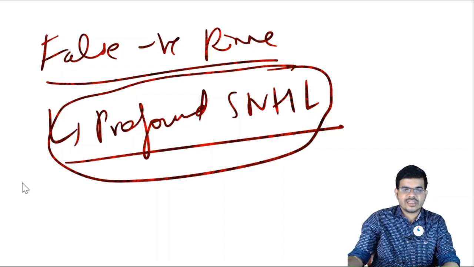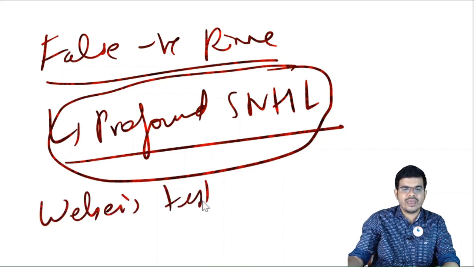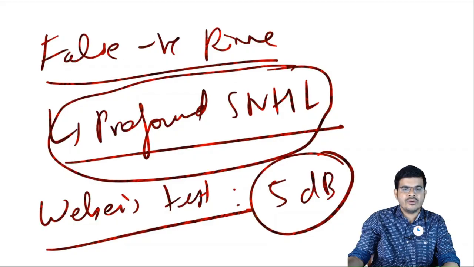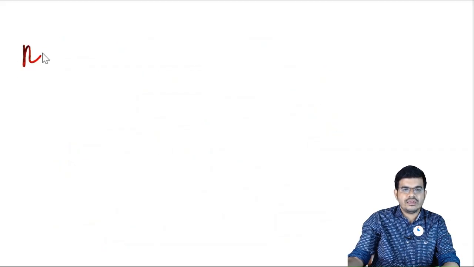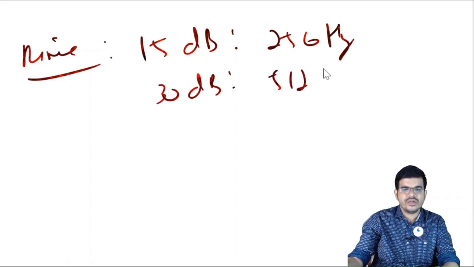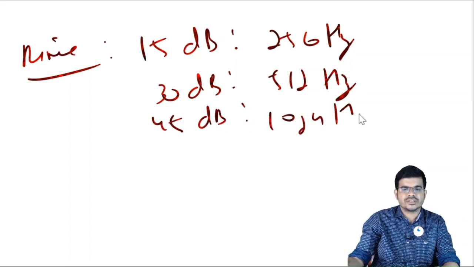Okay, Weber's test is particularly helpful for this, and Weber's test has a higher sensitivity, that is, up to 5 decibel of hearing loss it can detect, whereas for Rinne it needs at least 15 decibel, which can be detected by the 256 Hz tuning fork, and 30 decibel by the 512 Hz tuning fork, and up to 45 decibel only by the 1024 Hz tuning fork.